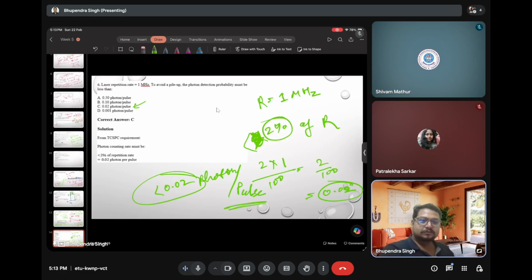So what does it mean? 0.02 photon per pulse means, let's say you are giving one pulse. Out of that, 100 molecules are going to the excited state and emitting. Out of those 100, you are detecting only 2 photons.